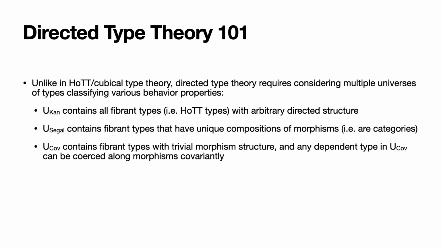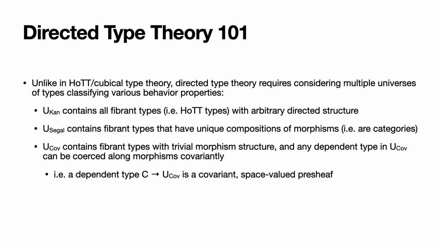However, they depend on all the morphisms in their context covariantly, which means that, let's say you have a dependent type on some category C, whenever you have a morphism in C, you get a function that coerces in the same direction as the morphism between the types that depend on the terms at the endpoints of the morphism.